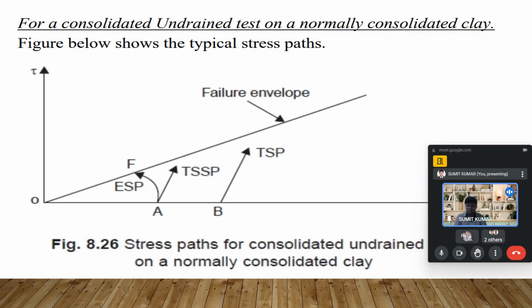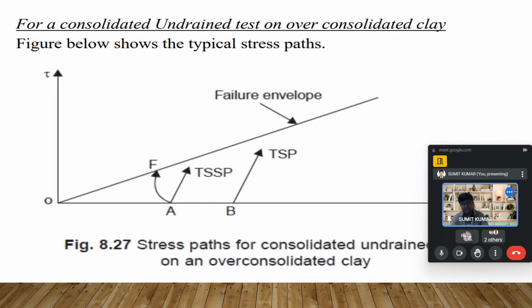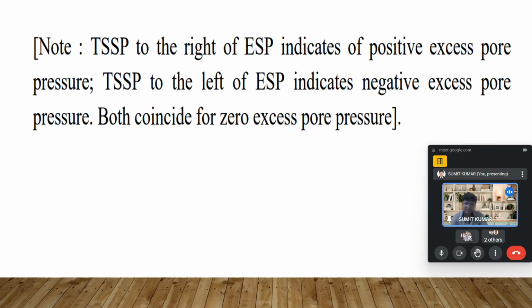For the consolidated undrained test on a normally consolidated clay, the difference of those two values will give you the pore water pressure. The diagram will be drawn in a similar manner. Now, take a special note.